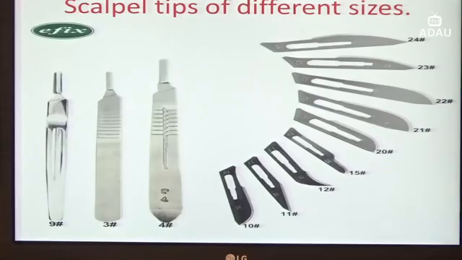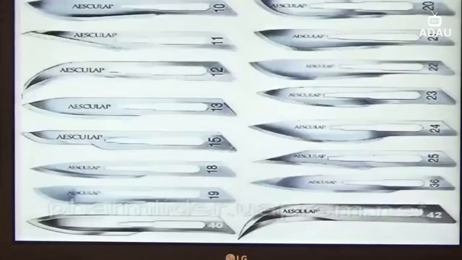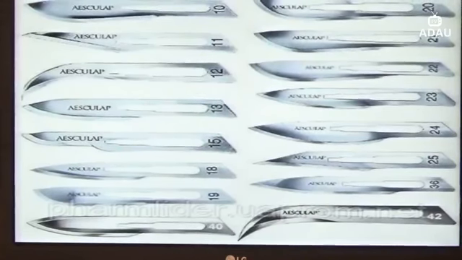After that we can choose a blade of the scalpel. More useful are 10, 24, 6. But number 42 we sometimes use for patchwork wounds, a special blade.